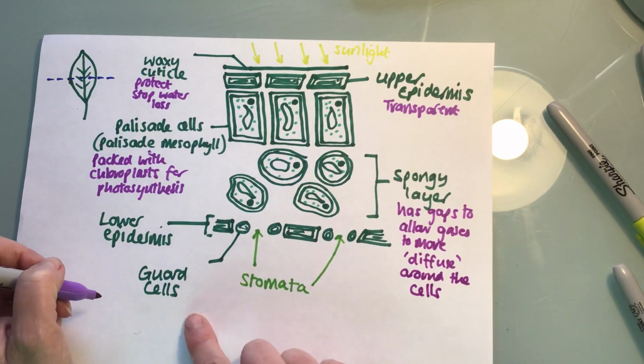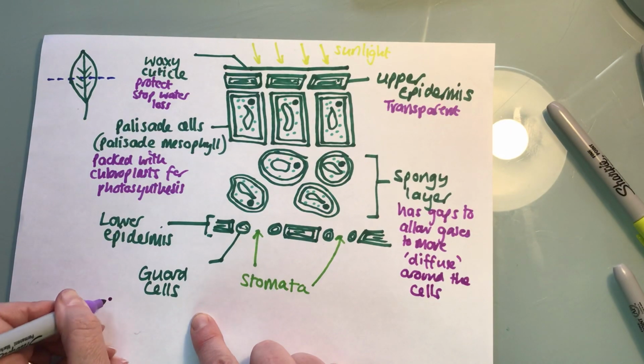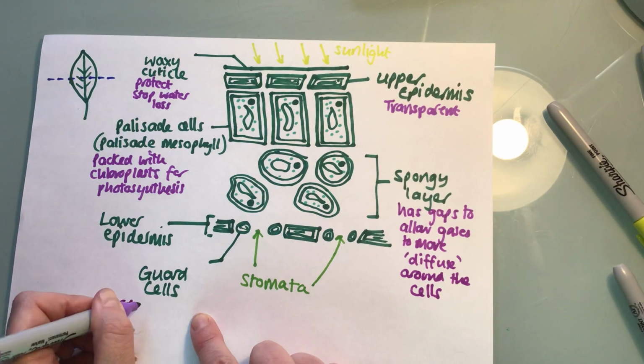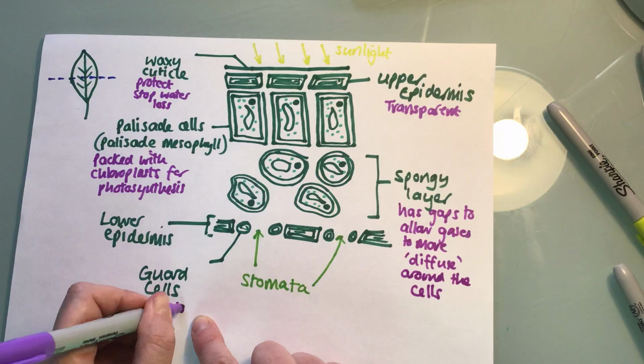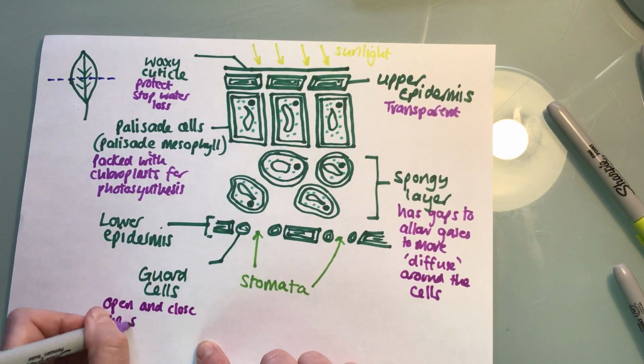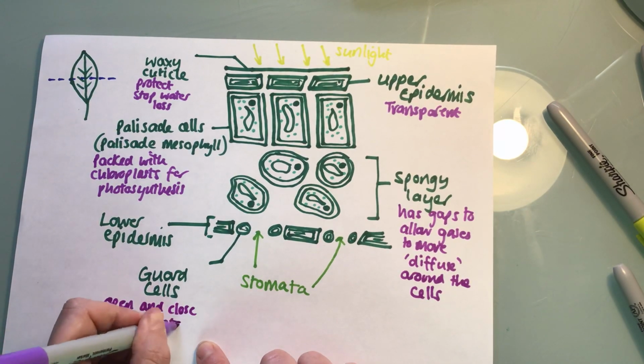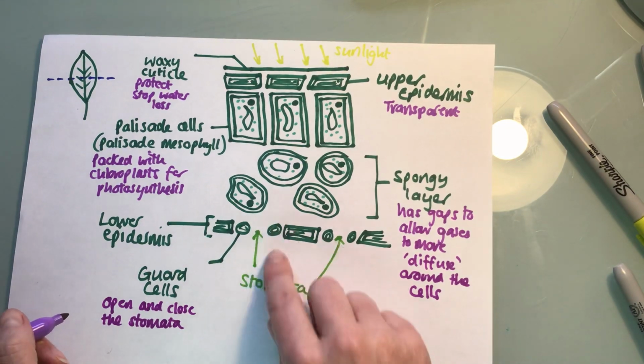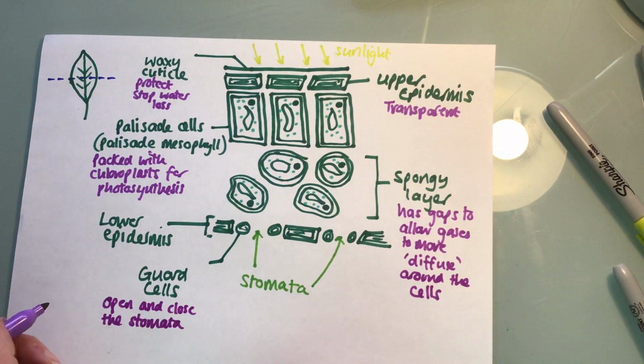The guard cells open and close the stomata. So they are in control of things moving in and out.